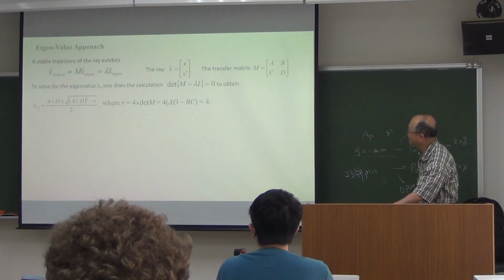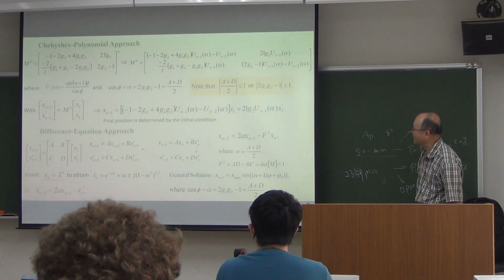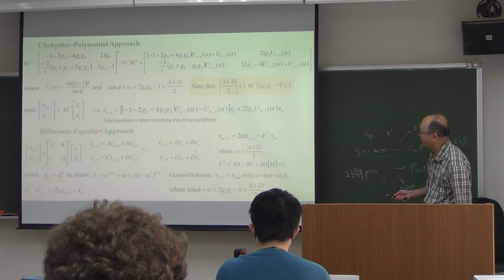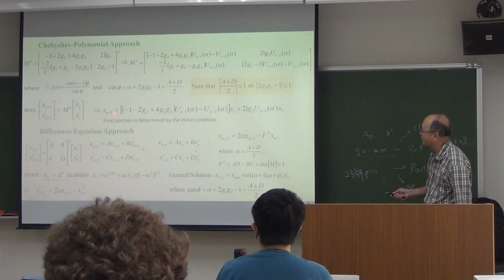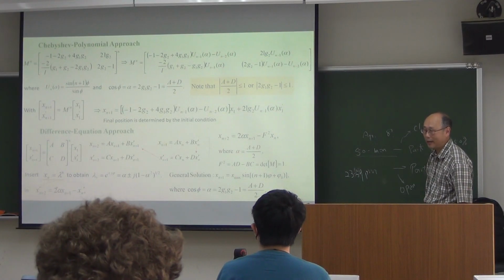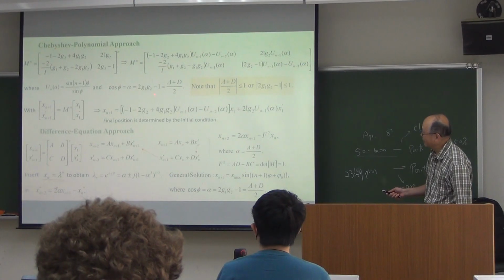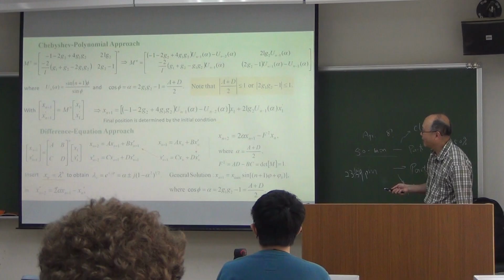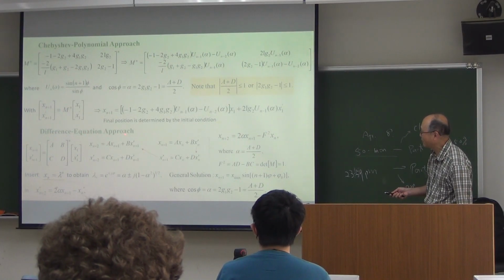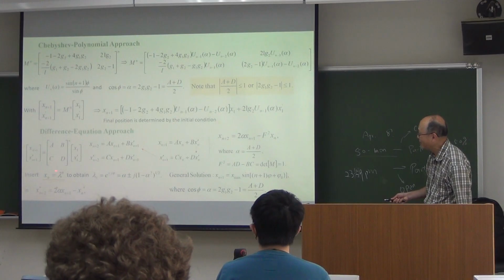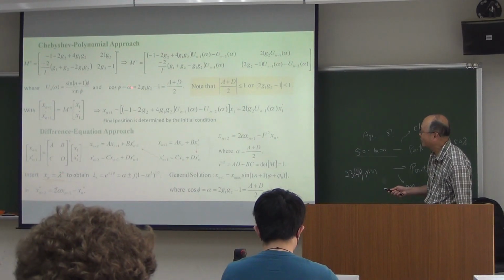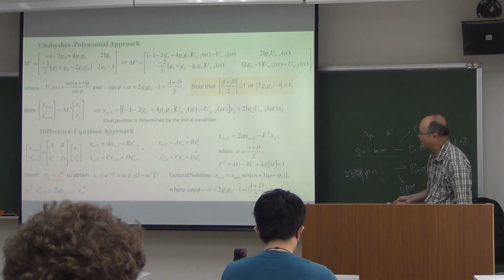So if we go back, we sort of went through 3 approaches. When I talked about the Chebyshev polynomial and the difference equation, I did not actually tell you the stability condition. I just mentioned that if we can write alpha into this cosine phi, then everything appears to be finite. That's it. And when we talked about the difference equation approach, we started to realize that there's a power of n on this eigenvalue. This reinforced that we should make sure this factor is less than 1.